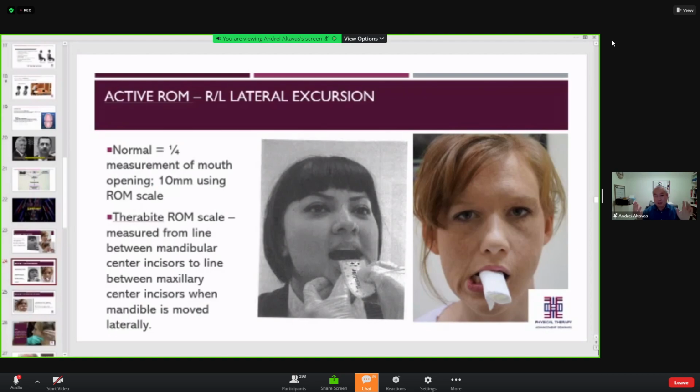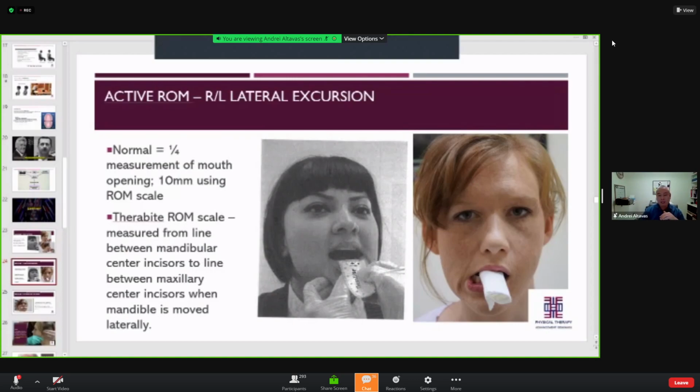If you do that, you'll have less range. Your joint has to be in a resting position for you to be able to measure lateral excursion effectively. So you measure the line between your mandibular center incisors to the line between your maxillary center incisors when the mandible is moved laterally. The normal range is 10 millimeters.